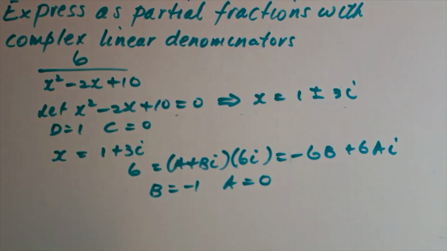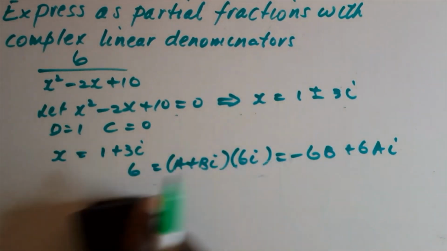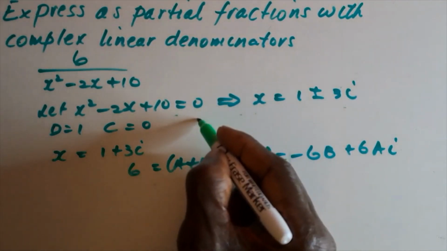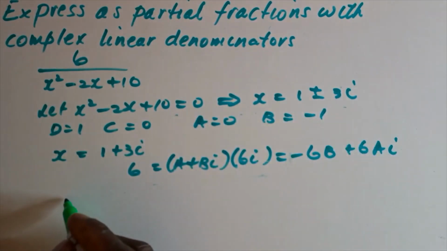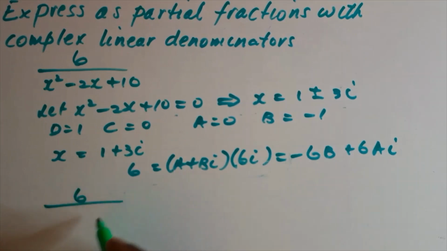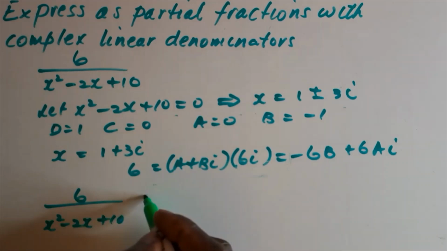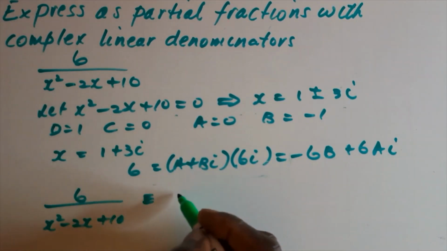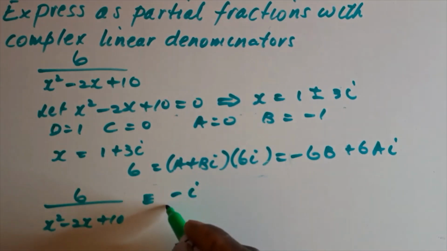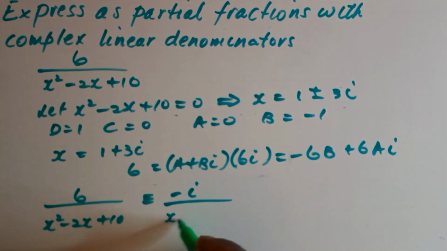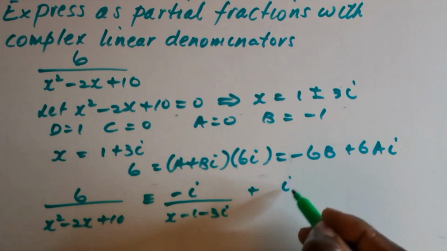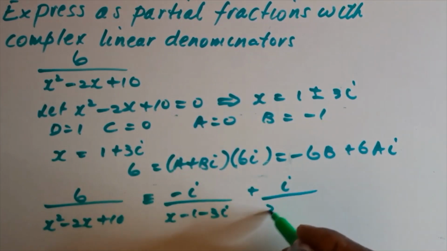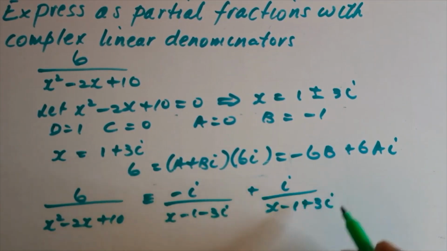So now that we have that a is equal to 0 and b is -1, we can write that 6 over x squared minus 2x add 10 is equivalent to minus i over x minus 1 minus 3i added to i over x minus 1 add 3i.